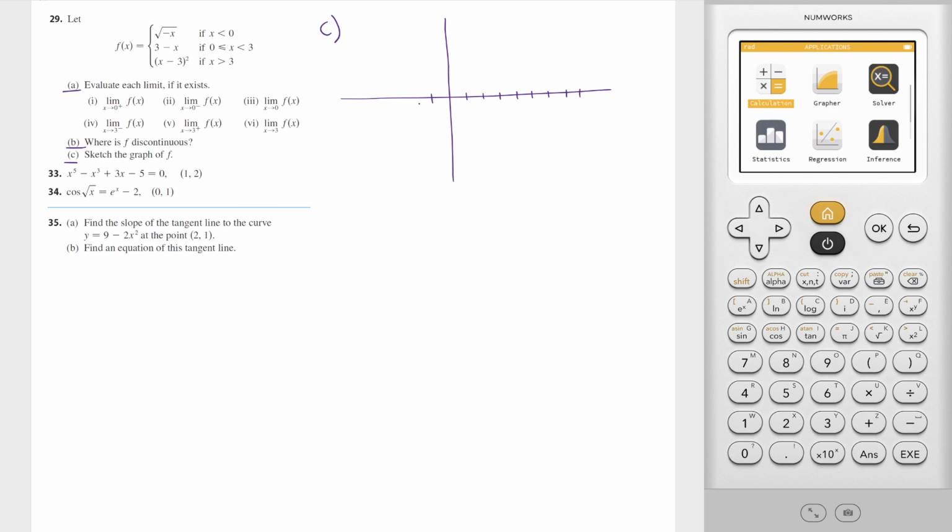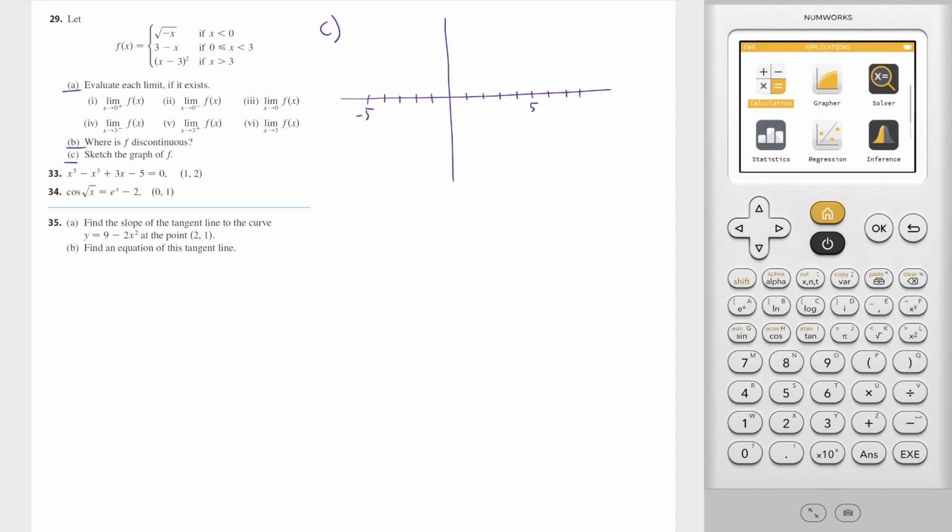That should be far enough. Negative 1, negative 2, negative 3, negative 4, negative 5. I'm not going to label all these, but 1, 2, 3, 4, 5. Okay, so that's positive 5, negative 5. And now let's go ahead and draw these in.